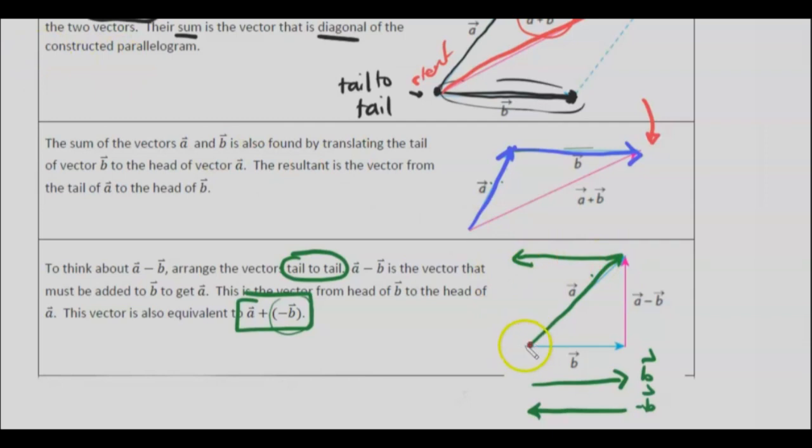Again, this is the start, this is the end, and our vector resultant would be like this, okay? So you can either do it as a continuation, tail to tip, and then draw the resultant, or you can draw it the way it's saying when we have a negative B, tail to tail. Okay, both tails coming out, and that works too.